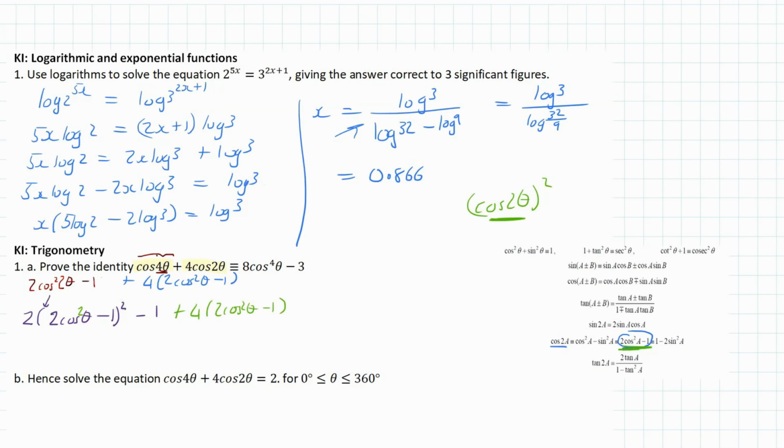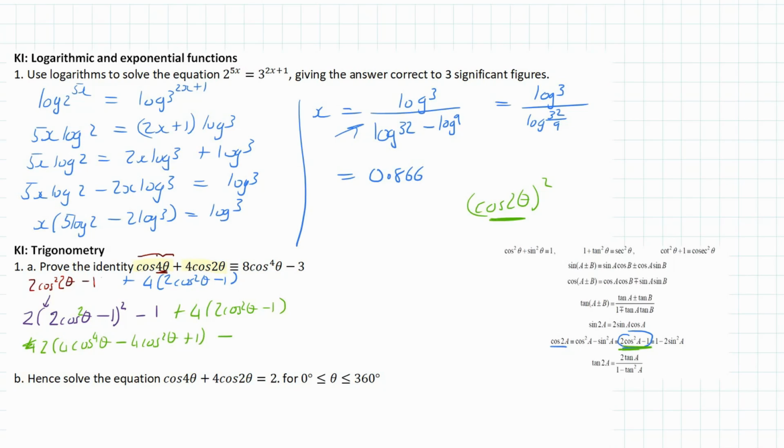Now we can start expanding. Let's expand that bracket there. So we'd get 4 cosine to the power of 4 theta minus 4 cosine squared theta plus 1.